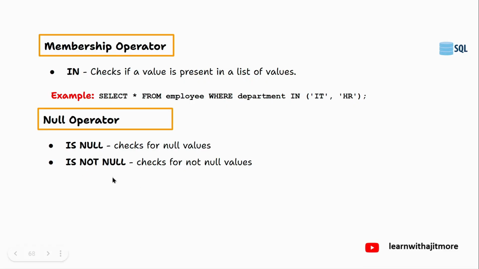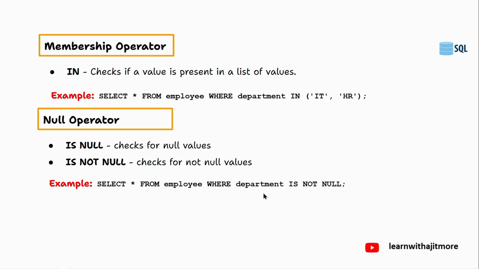Is null checks for null value. Is not null checks for not null value. Example, select star from employee where department is not null. Means we want to print the employees to whom the department is not allotted yet, it may happen. In our database, every employee has got a department.